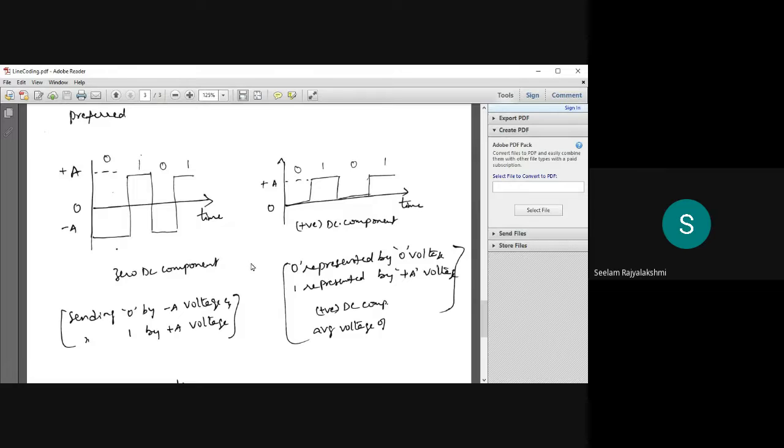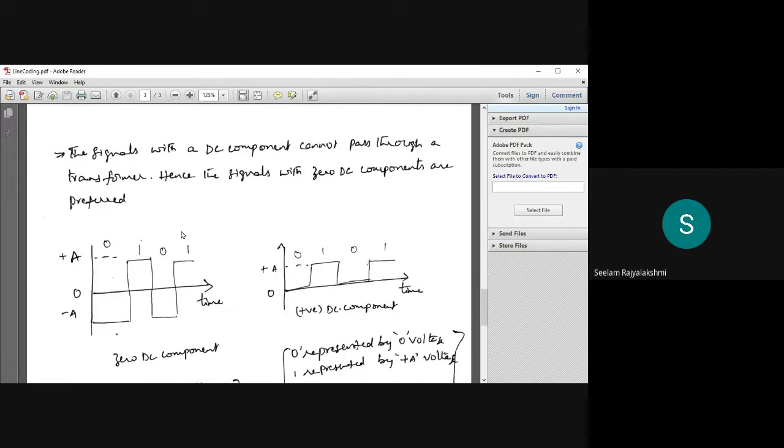Signals with a DC component cannot pass through a transformer, so signals with zero DC component are preferred. Okay, this is about the zero DC component.